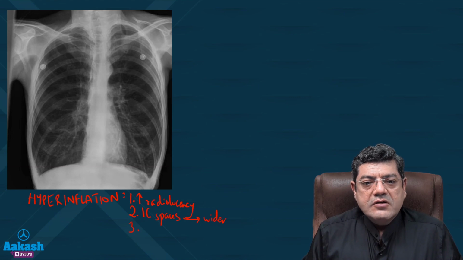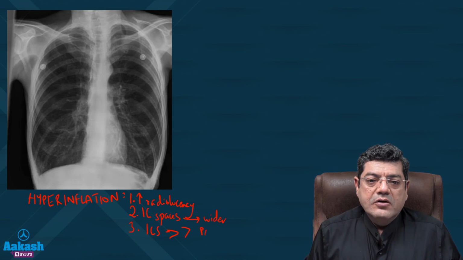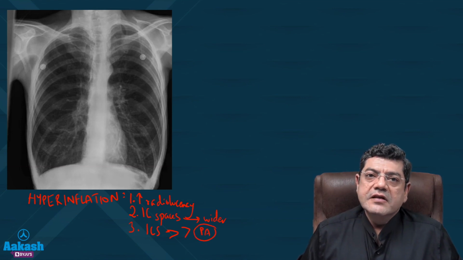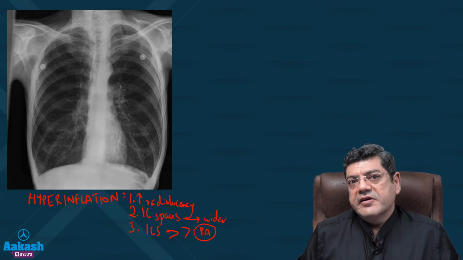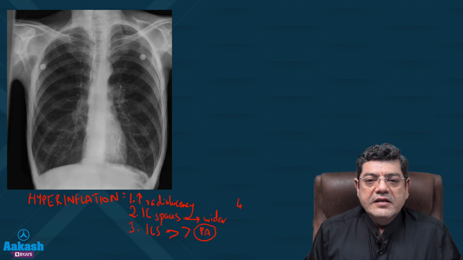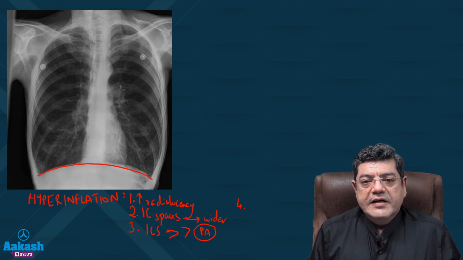Another thing about intercostal spaces is that you can count more than 7 of them on an erect PA view of the chest if the lung fields are hyperinflated. The fourth thing that tells you there is hyperinflation is the flattened domes of the diaphragm.